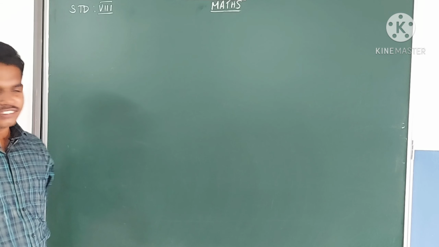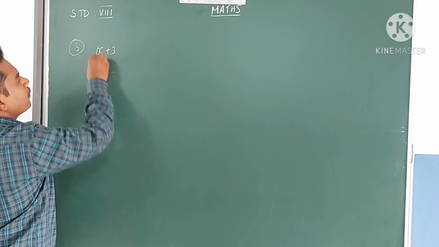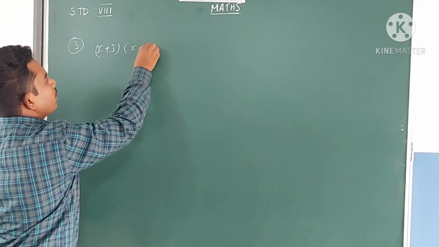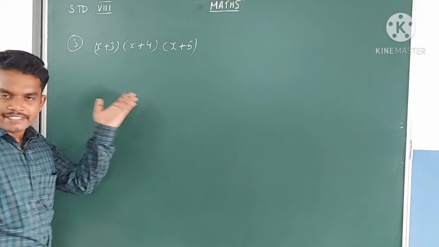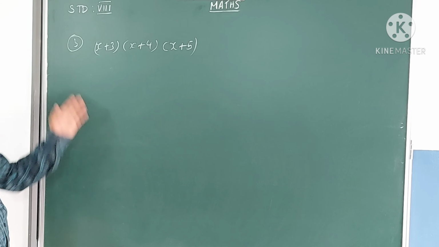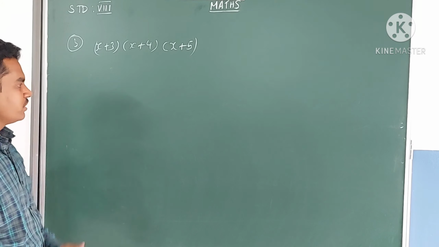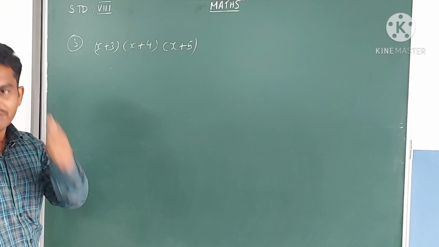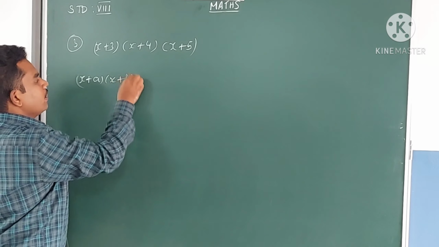So the third question is (x plus 3)(x plus 4)(x plus 5). So it looks like the third identity. So (x plus a)(x plus b)(x plus c) is a very easy question. You should know the third identity. (x plus a)(x plus b)(x plus c).